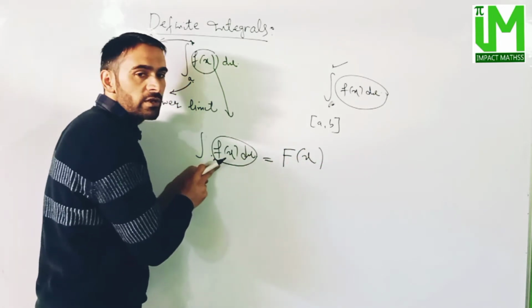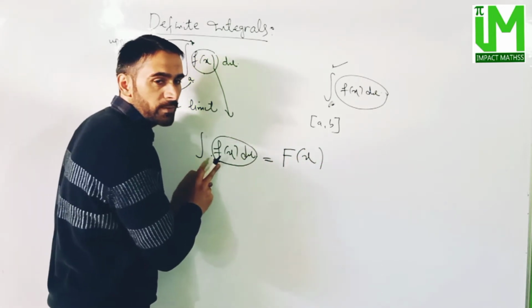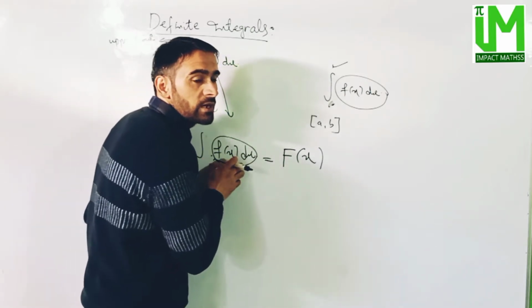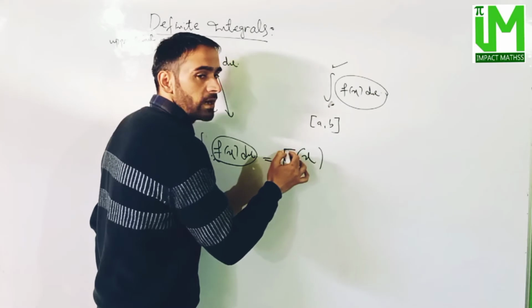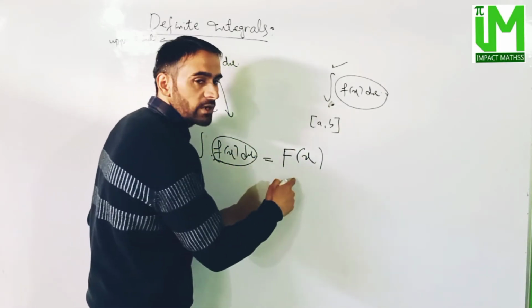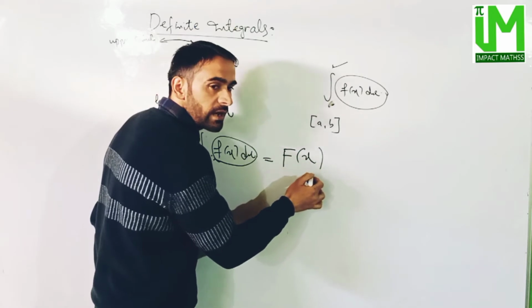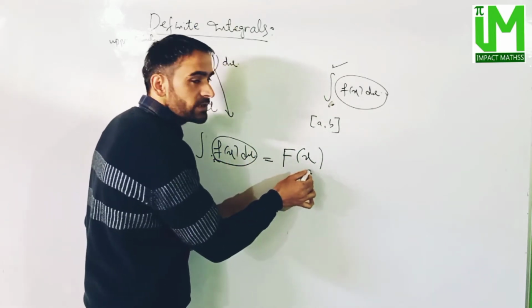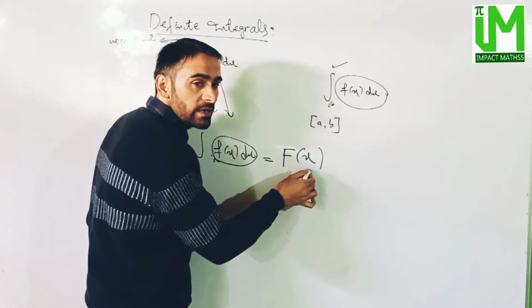Here we are using a different notation: capital F of x means a different function. If we differentiate it we get back the original function, and if we integrate the function we get this result, which is called the antiderivative.